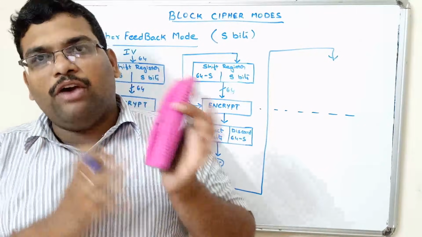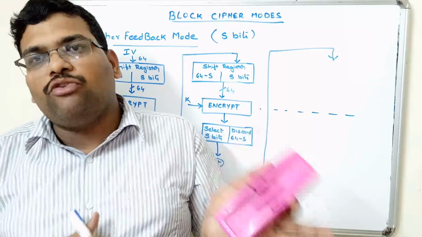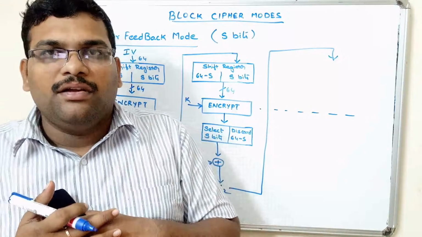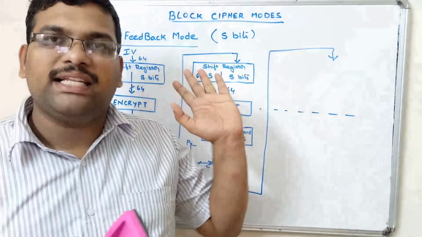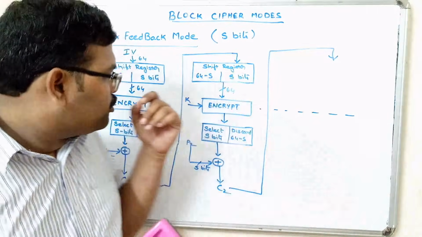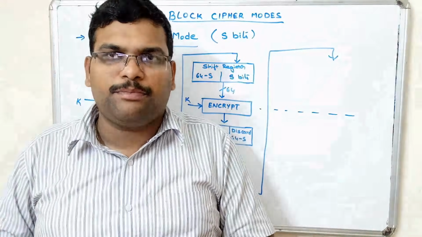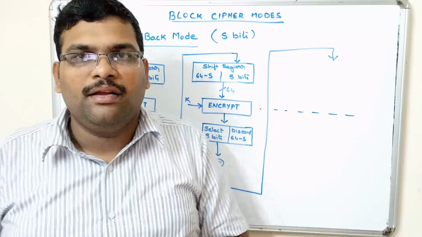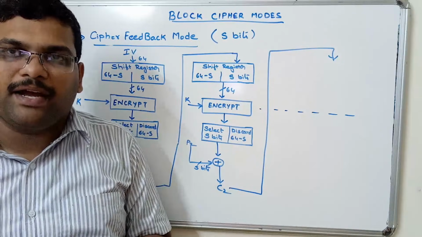So for the first block we apply the 10th key, and for the second block the 9th key. So in these two modes of operation, output feedback mode and cipher feedback mode, we apply only the encryption algorithm for both the encryption and decryption process. Hope you understood output feedback and cipher feedback.